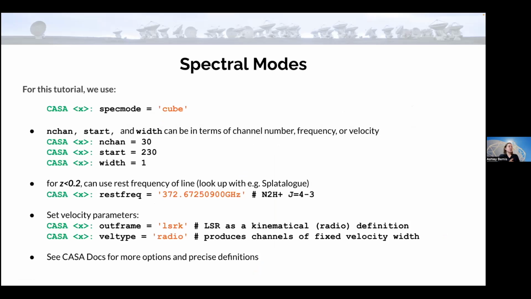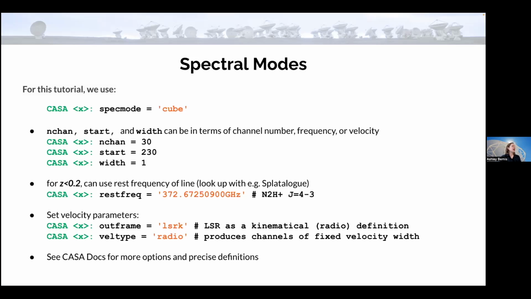You'll need to give channel information to tclean so it knows where in the cube you want to start imaging, how many channels you want to image, and how wide you want your channel width to be. These values can be specified in terms of channel number, frequency, or velocity. For simplicity, I'm just specifying them in terms of channel number here.